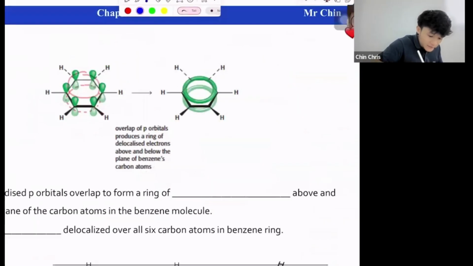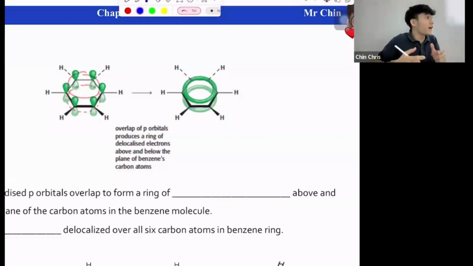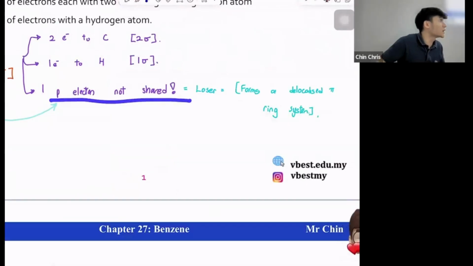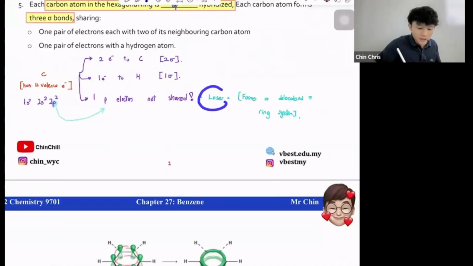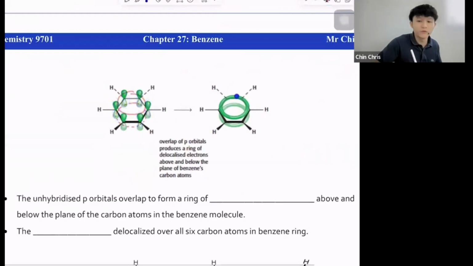Remember how the ring is formed: each carbon will always have 1 p electron that is not shared with anybody. It's like a loner, no friends. So they come to an agreement, okay, you and I, no friends, we should be together. Then boom, form a ring. That's how a ring is formed, because you have 1 unpaired p electron.